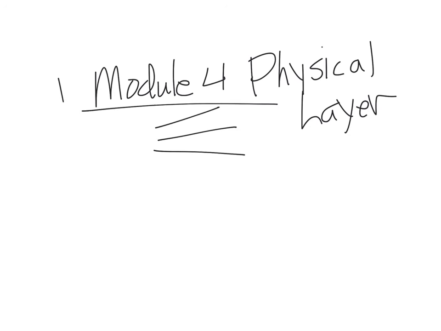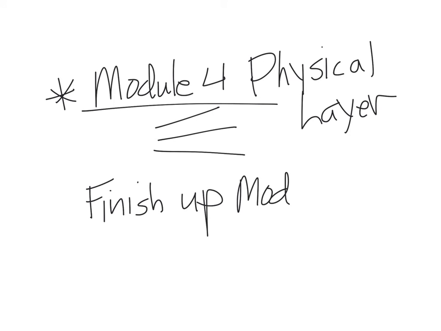So you want to start working on that, but you really want to make sure you're good. You should finish up modules 1 through 3, because that's where we'll have a test also. Okay? And then let me know if you run into questions.